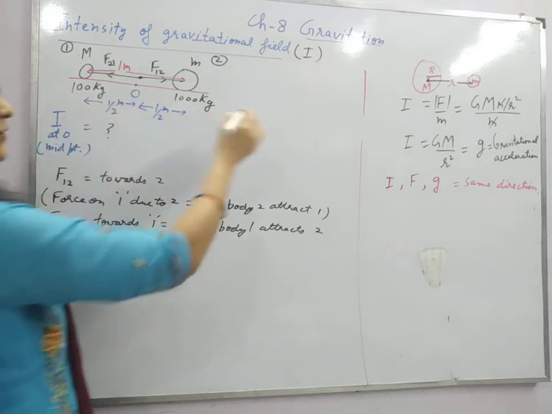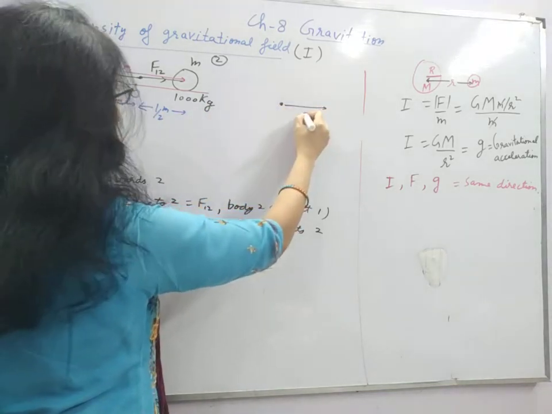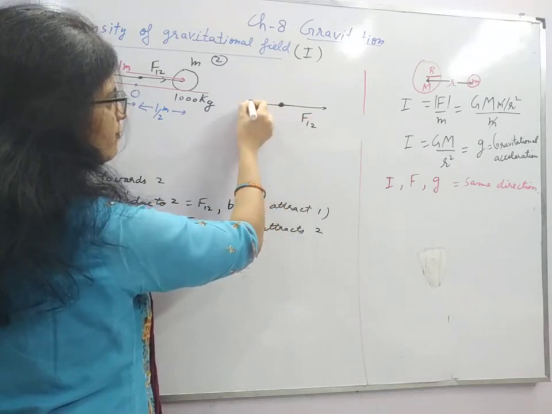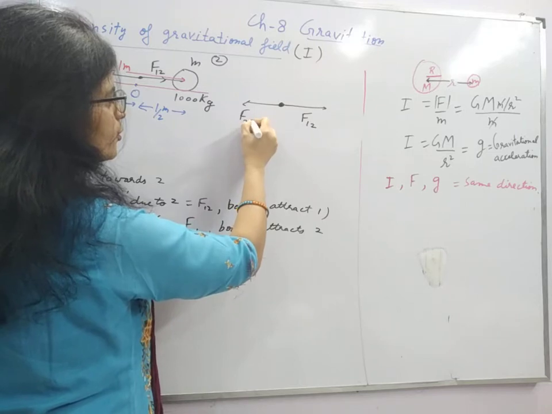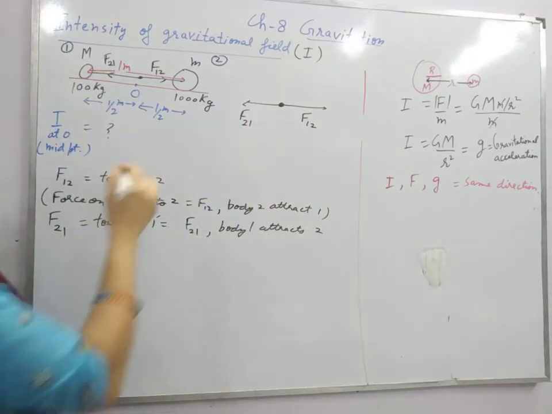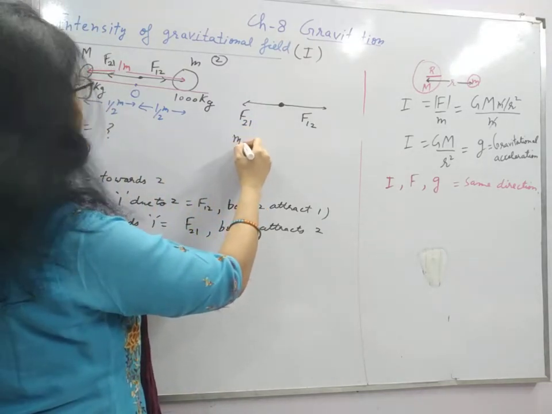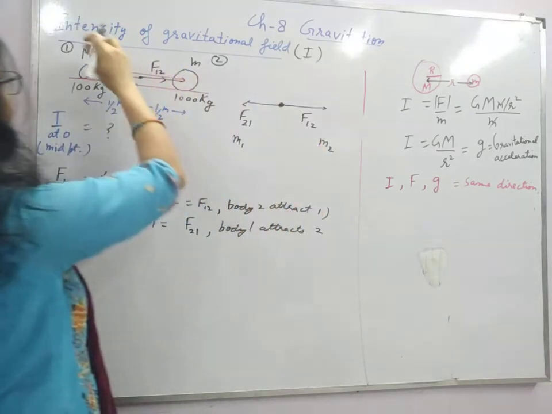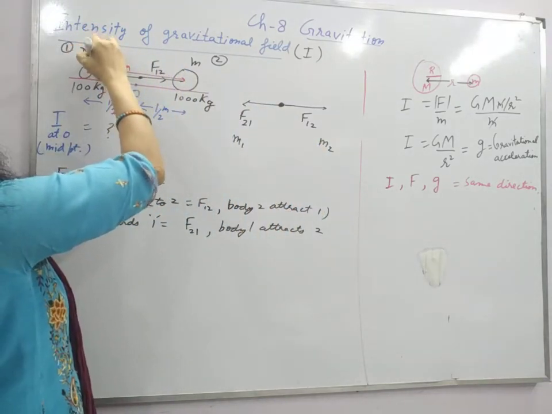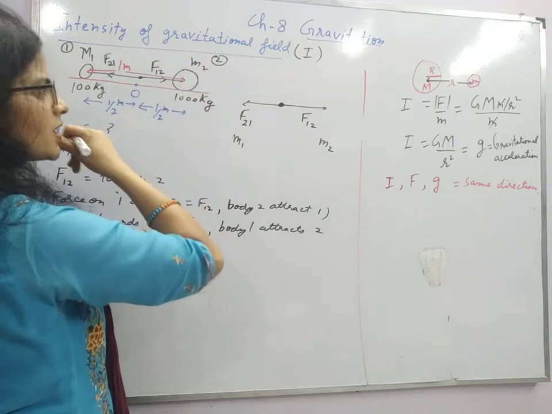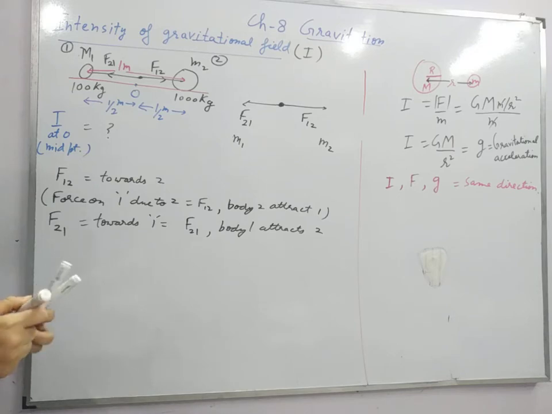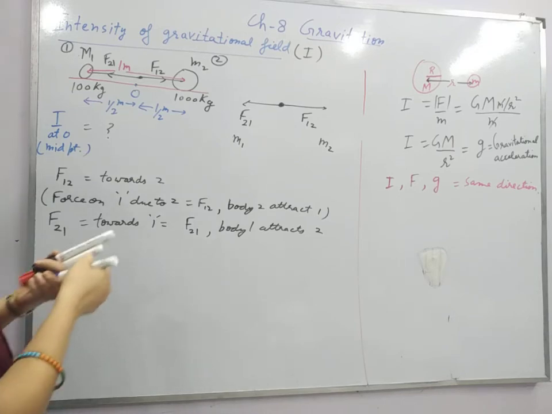If I draw a separate diagram, this is the direction of force on 1 due to 2 and this is the direction of force on 2 due to 1, right? Because here mass m1 is there and here mass m2 is there. Let's mark this as m1 and m2. We know that the force and the intensity of gravitational field have the same direction.